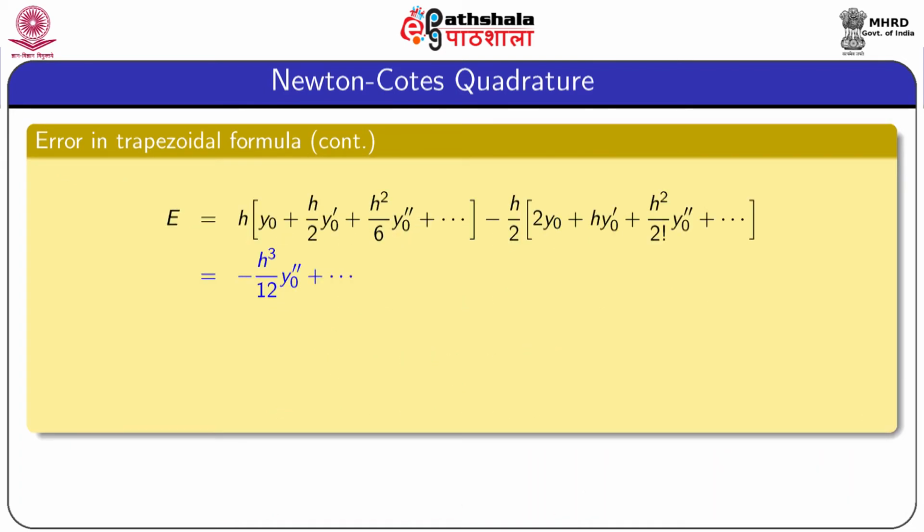After simplification, we obtain E equal to minus h cube by 12 into the second derivative of y at x0 plus dot dot dot, and this can be approximated as minus h cube by 12 times the second derivative of f at xi, where xi lies between x0 and x1, that means a and b. So, equation 16 gives the error occurred in the trapezoidal formula.